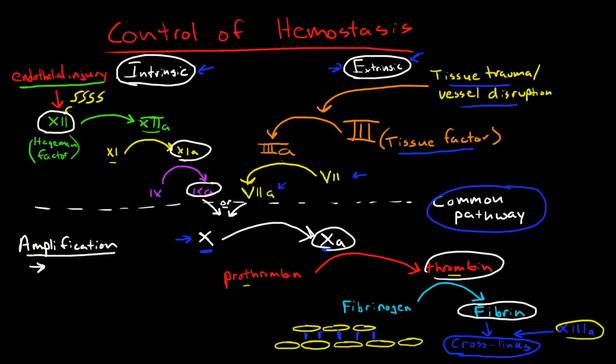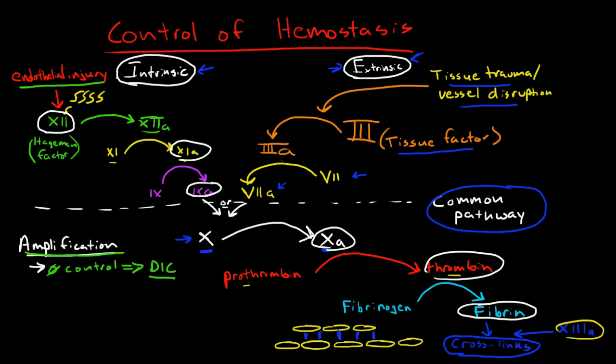Now, that is very effective in causing hemostasis even in severe injuries, but it is a very dangerous situation, because you can end up with pathophysiology if we have an amplified system that has run amok and is not controlled. If we lose control of the system, we end up with a pathophysiology called DIC, or disseminated intravascular coagulation.